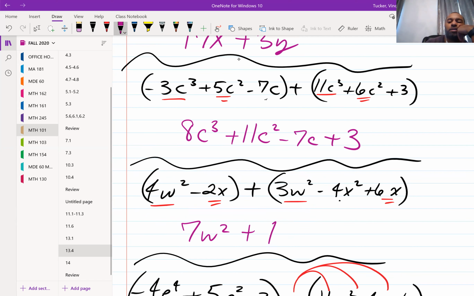That will be positive 4x. And then I can't combine that 4x squared with anything, so I just bring that down. Don't forget to keep your signs. That was a negative 4x squared, so I brought down the negative 4x squared. Any problems?